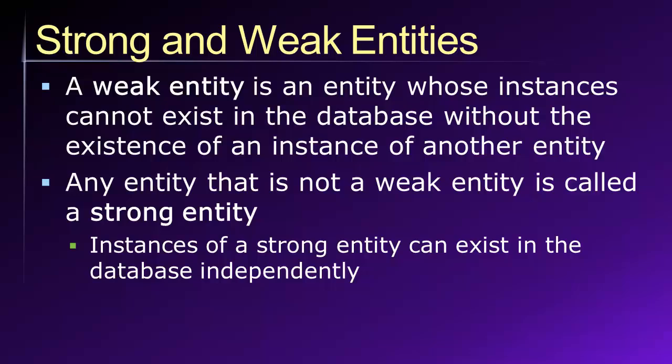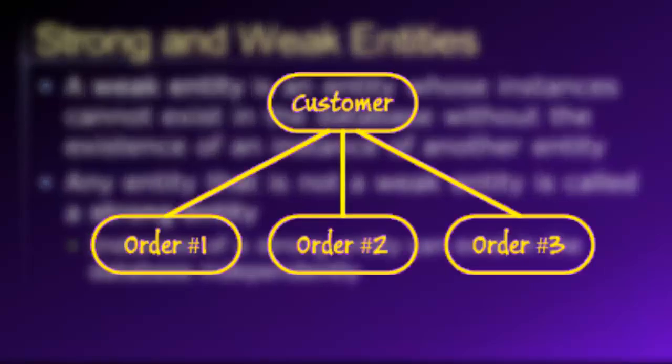Consider, for example, the relationship between a customer entity and an order entity. New customers can be added to the database without any additional information being required to exist in any other entities.